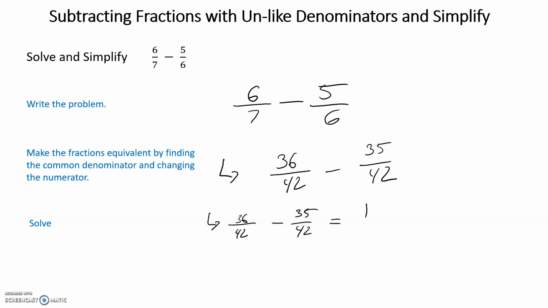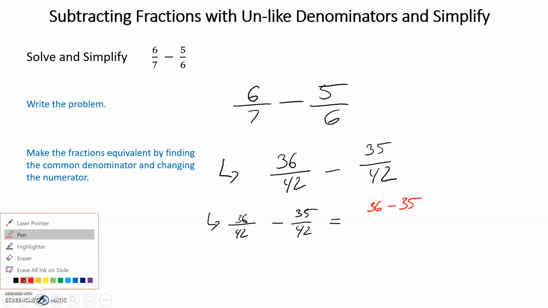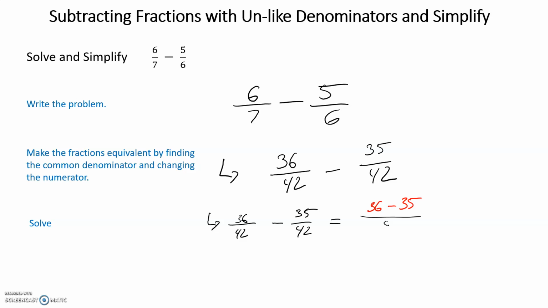So that equals the same thing as 36 minus 35 over 42, and I get 1/42. Okay, that is my answer simplified. I can't simplify that anymore, so I don't have to worry about simplifying it.